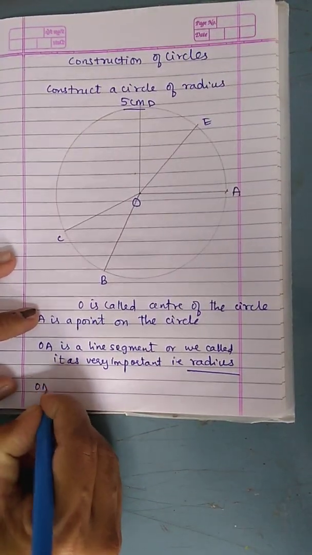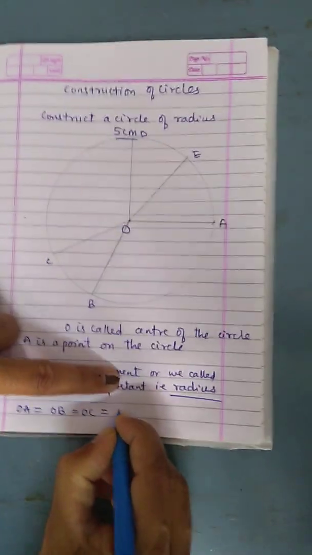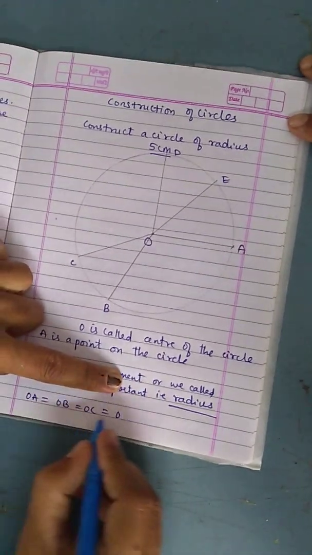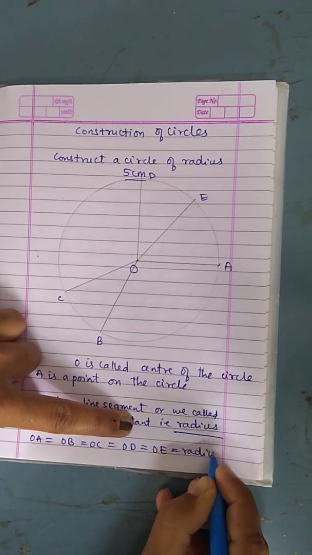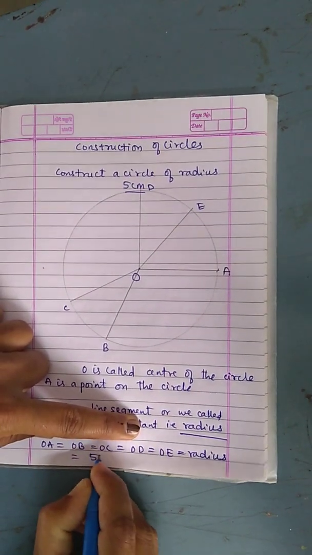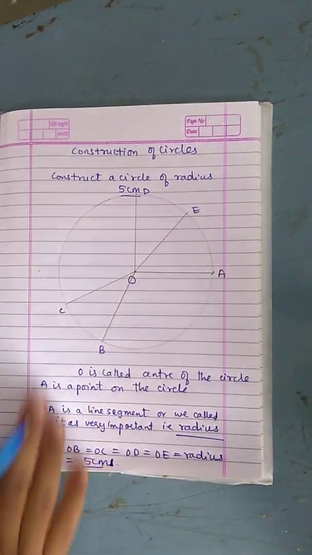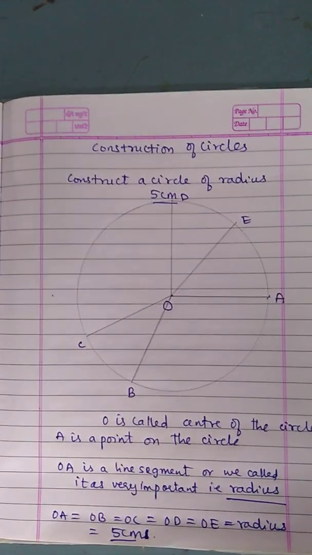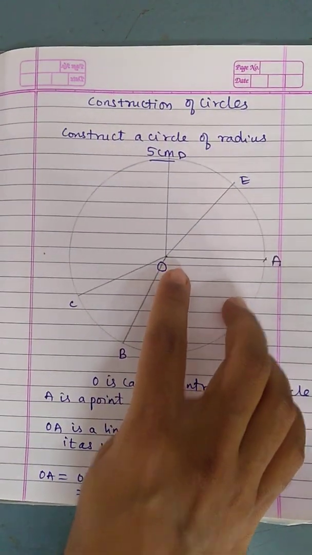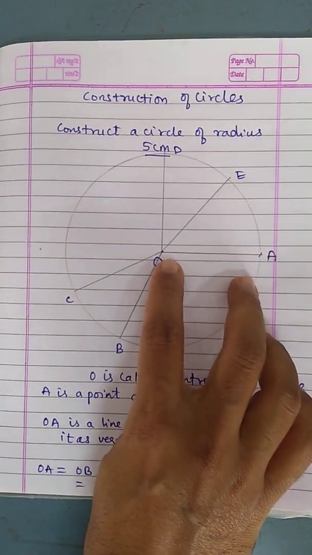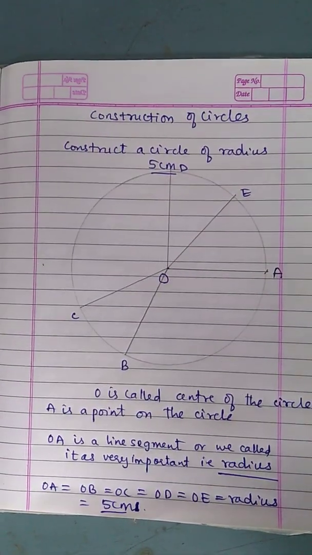So OA is equal to OB is equal to OC is equal to OD is equal to OE. All these are called radii. How much is the radius? That is 5 centimeters. All the radii are equal inside the circle. So radius means a line segment joining the center of the circle and a point on the circle. Now it is a 5 centimeter circle, children.